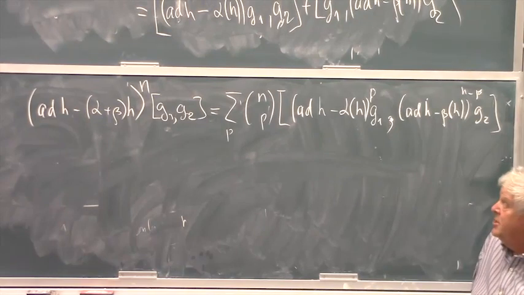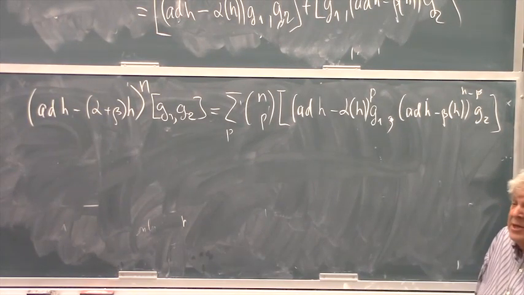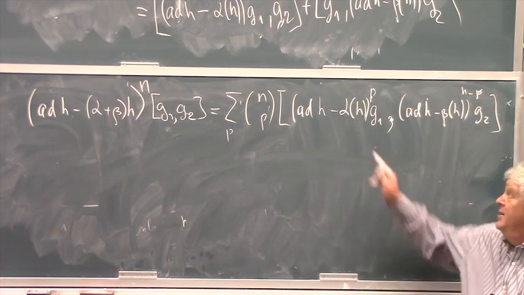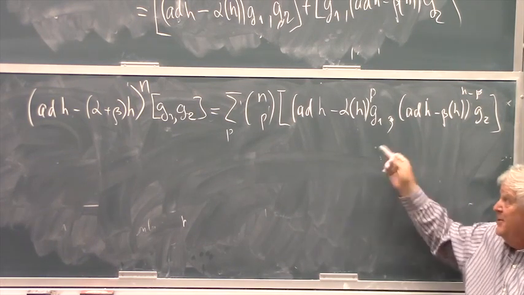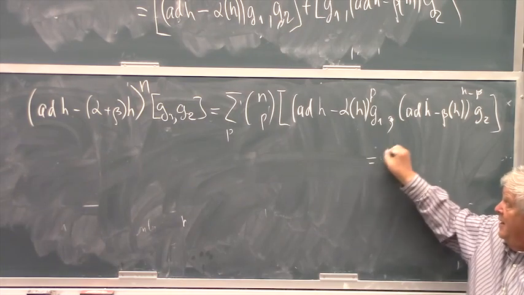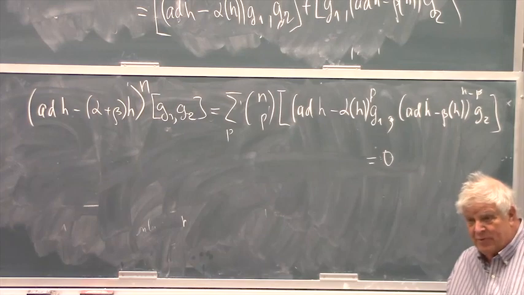And now I just want to say that if n is big, then either this is 0 or this is 0. If so, then the whole thing is 0. Which is the end of this proof.